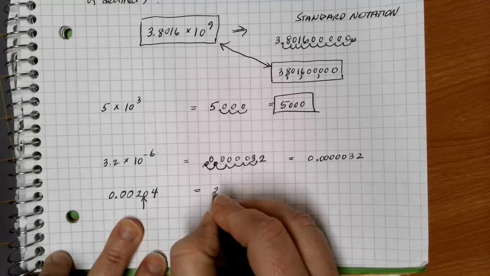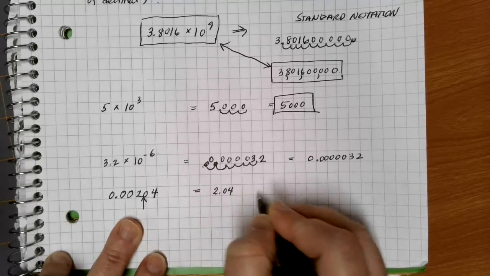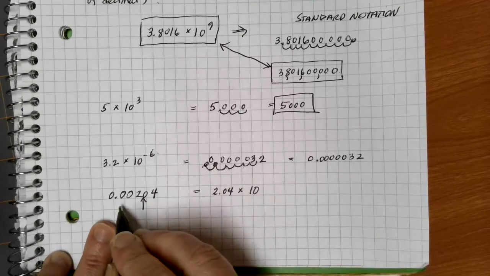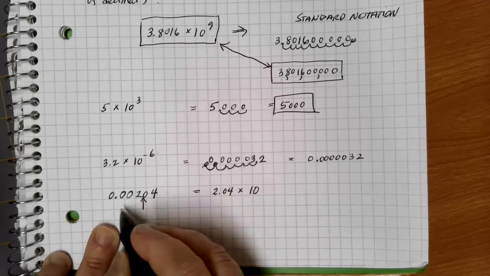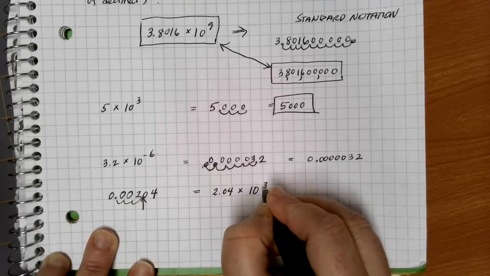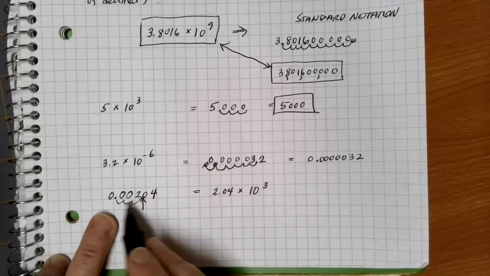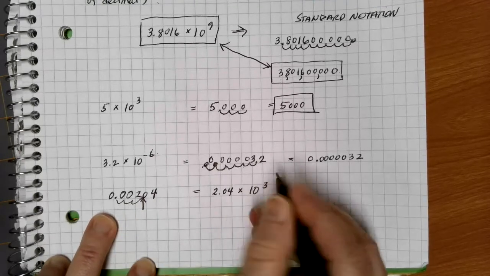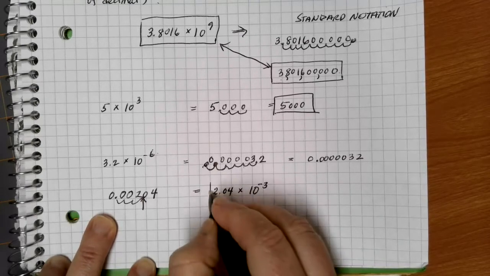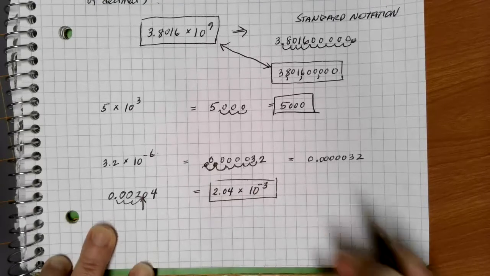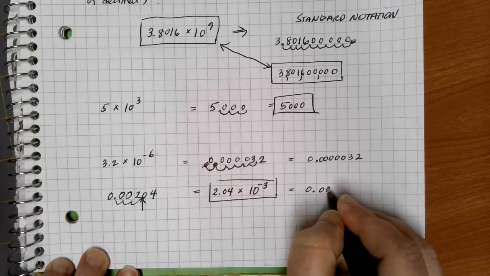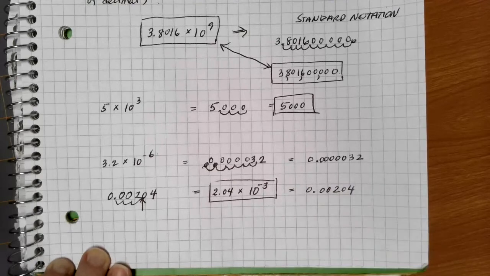So I am now going to have 2.04, and then I'm going to multiply this by 10 to a power. My power is how many places I move my decimal. In this case, I'm going to move it 1, 2, 3 places to get it to there. So 10 to the 3rd. Because my original number was small, smaller than 1, I'm going to use a negative exponent to represent that value. So this is the same as that was our original problem.